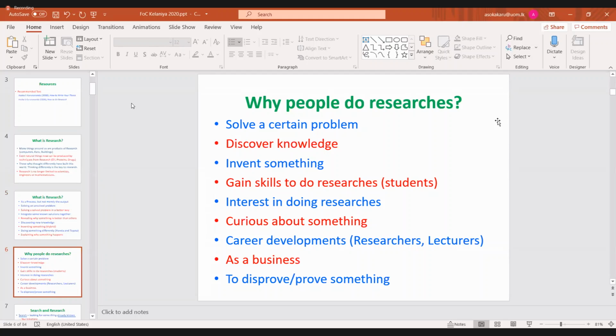All these examples I am telling you, better write them down. Newton was curious why an apple falls. Archimedes was curious why a certain amount of water went out from the bathtub.